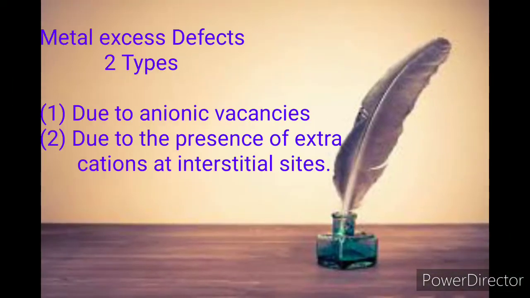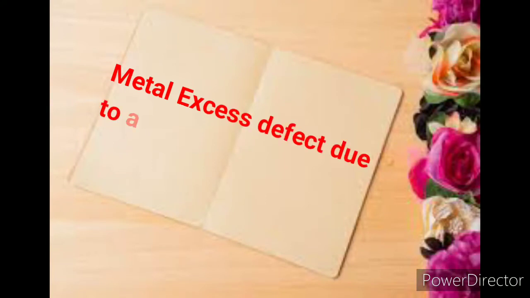Metal excess defects are again classified into two types: metal excess defect due to anionic vacancies, and metal excess defect due to the presence of extra cations at interstitial sites. First, we will discuss metal excess defect due to anionic vacancies.